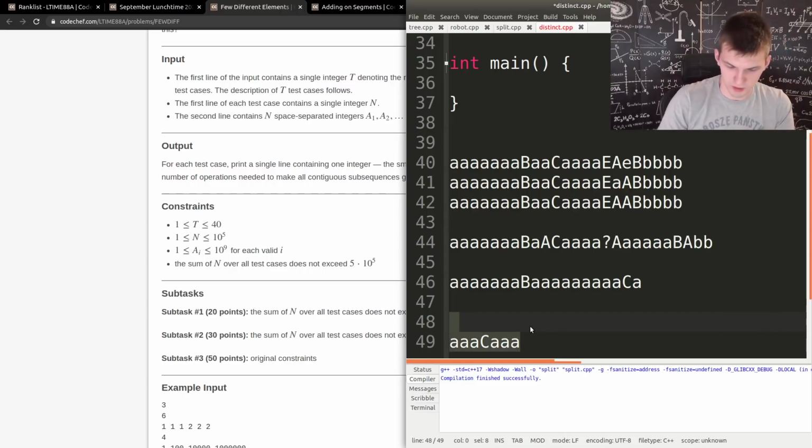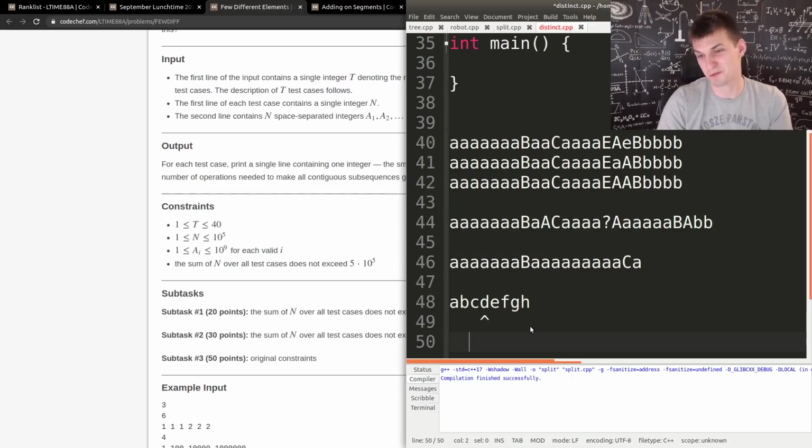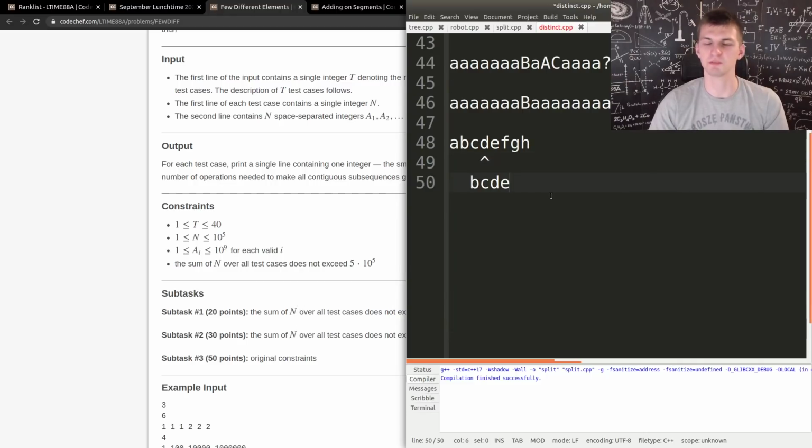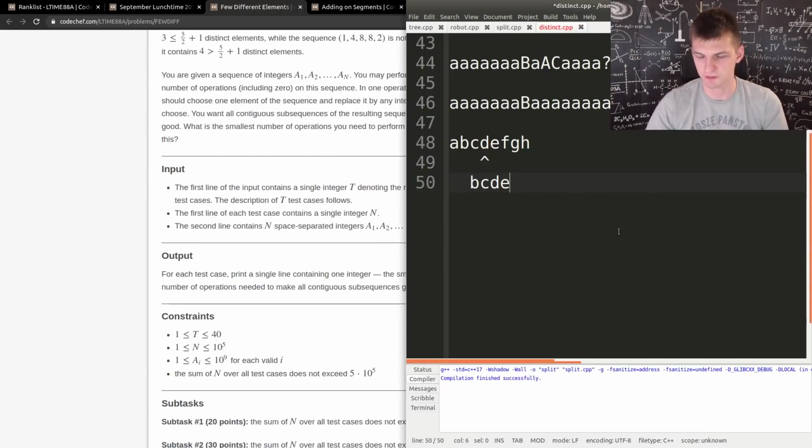So I claim that if initially we have this, on this position in the final sequence I will have one of B, C, D, E. And this will be n times some complexity. No, what's the time limit? 1 second, not very fast.